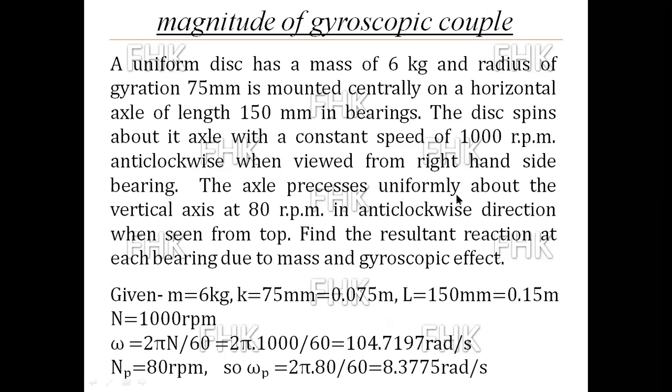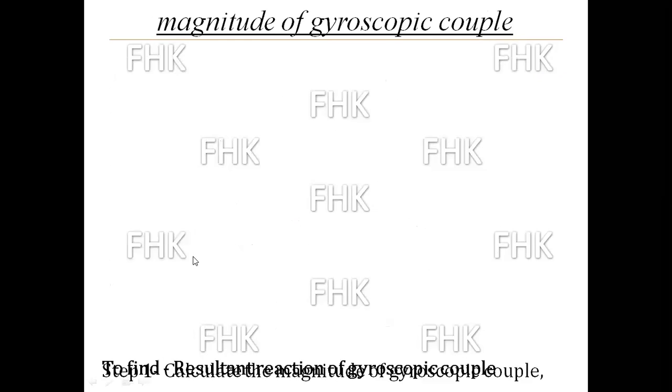The next thing given here is that the axle precesses uniformly about the vertical axis at 80 rpm in the anti-clockwise direction when seen from top. Concentrate on this anti-clockwise direction when seen from top.